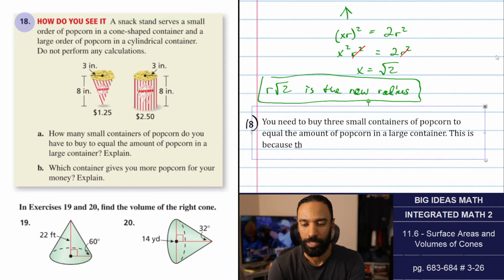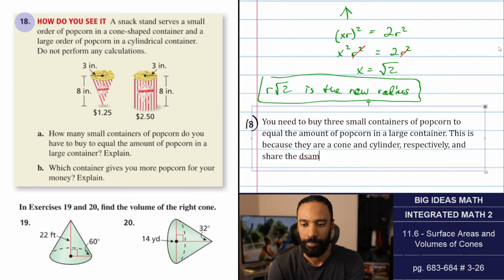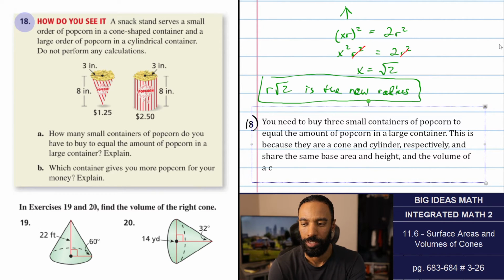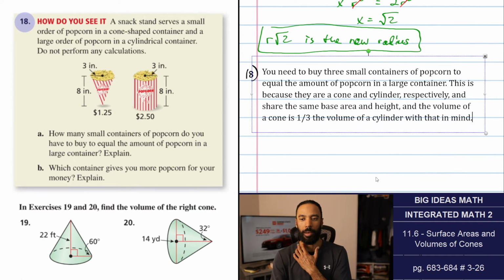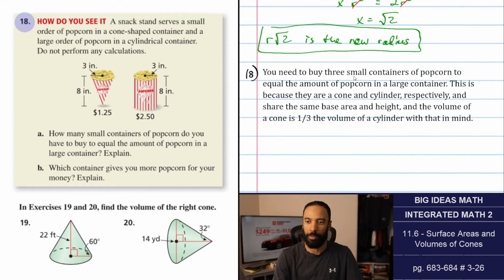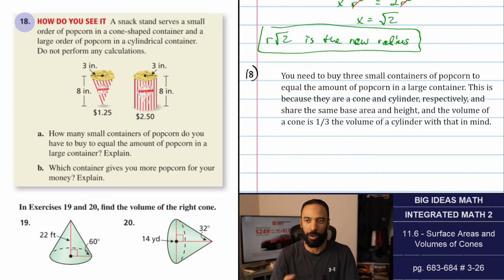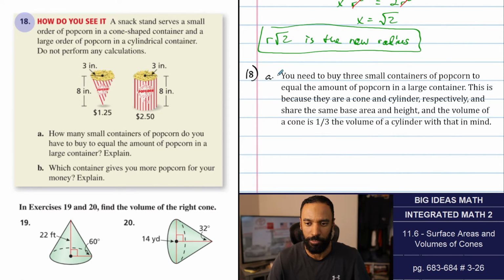This is because they are a cone and cylinder, respectively, and share the same base area and height, and the volume of a cone is 1/3 the volume of a cylinder with that in mind. So I typed a lot more than you probably would type in that scenario for part A, but I'm explaining it to you there so you can find a way to paraphrase it. Have ChatGPT paraphrase that one for you.